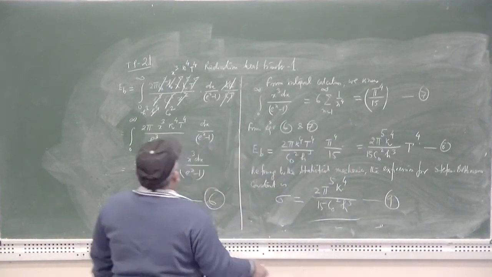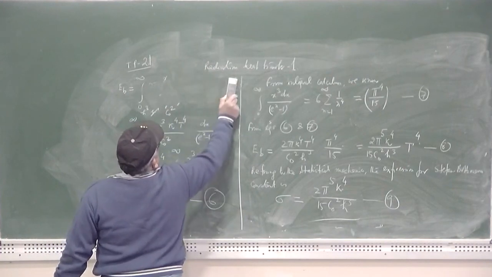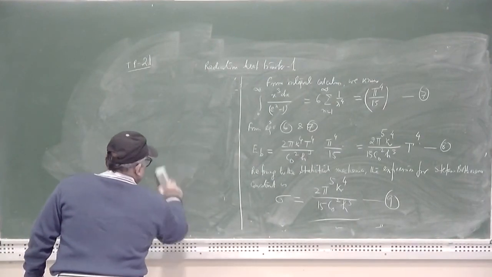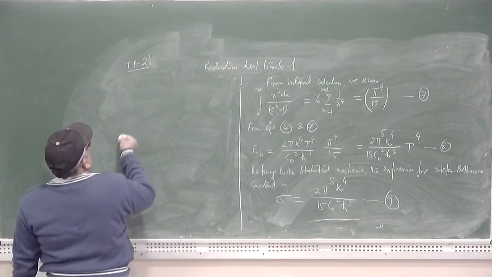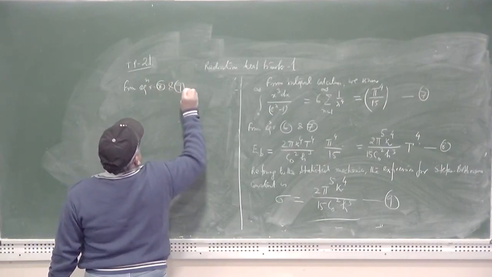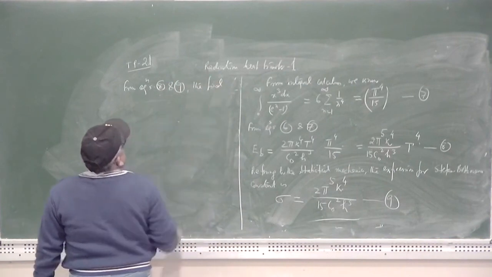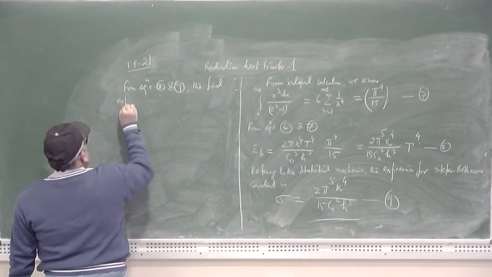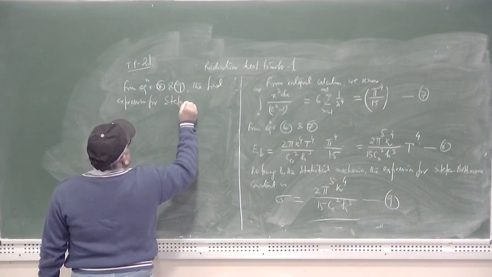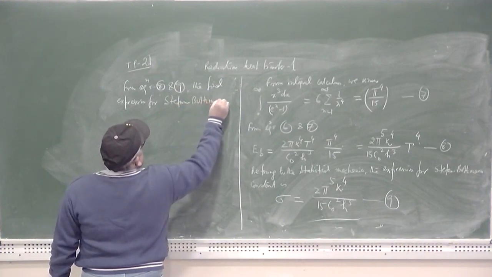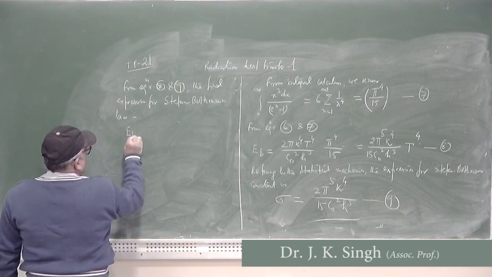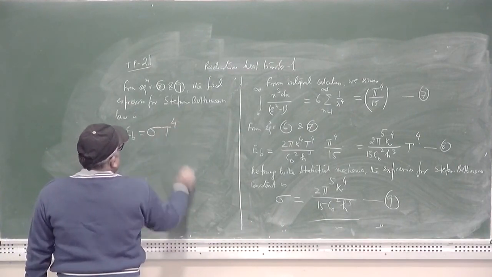So, from equation numbers 8 and 9, finally, we will get the Stefan-Boltzmann law of radiation: the final expression for Stefan-Boltzmann law is EB equal to sigma T raised to the power 4.